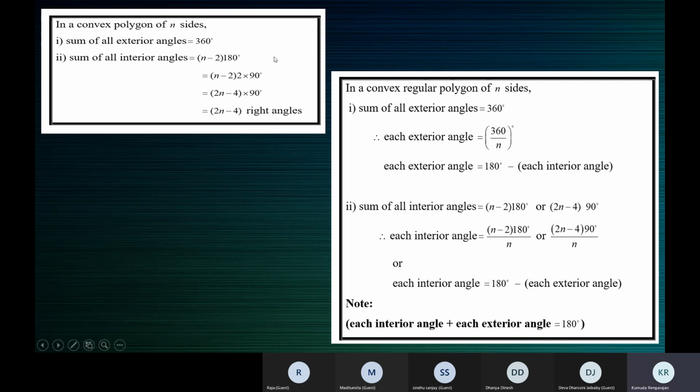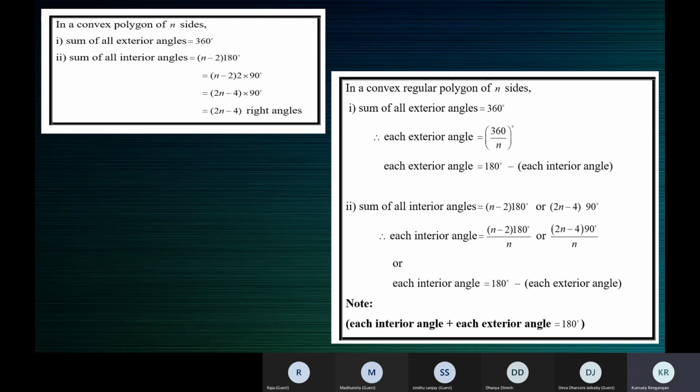Now for a triangle, the sum of the three interior angles is 180 degrees. In a quadrilateral, the sum of all the four interior angles is equal to 360 degrees. In a pentagon, the sum of all the interior angles is equal to 540 degrees.